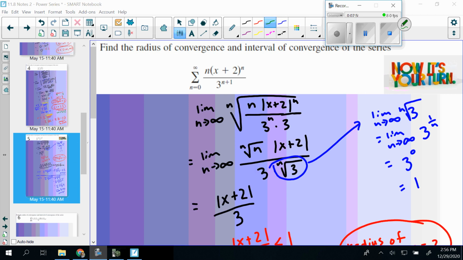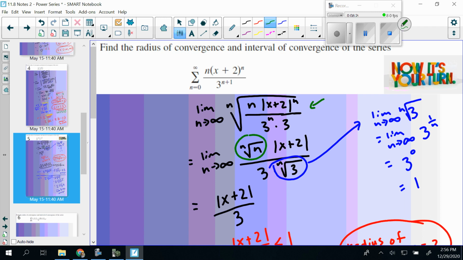All right, hopefully you've had a chance to try this one. Looks like our nth root one would be the best on this because we have a power of n here and we don't have any factorials. So if we do the nth root of the absolute value of this, we'd set it up like this. We'd have the nth root of n then.